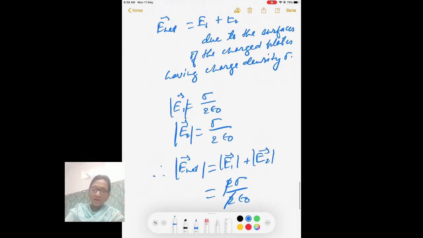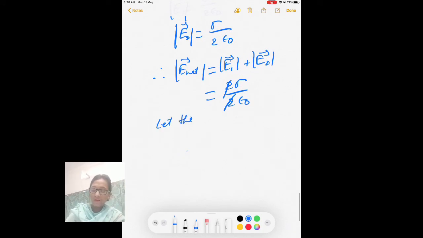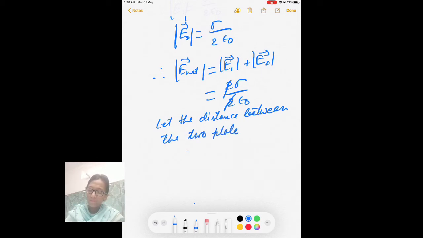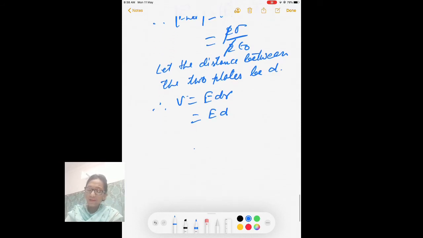Now the potential between the plates. Suppose the distance between the two plates be D. Therefore, the potential difference V is equal to the integral of E dr, which is equal to E into D only, and this is equal to sigma D upon epsilon naught.